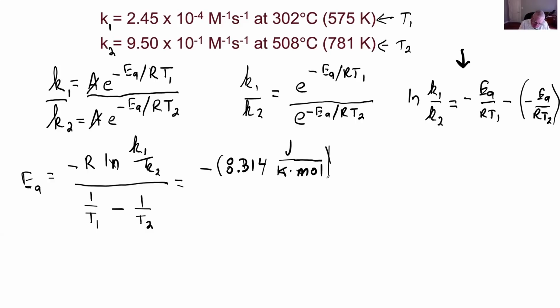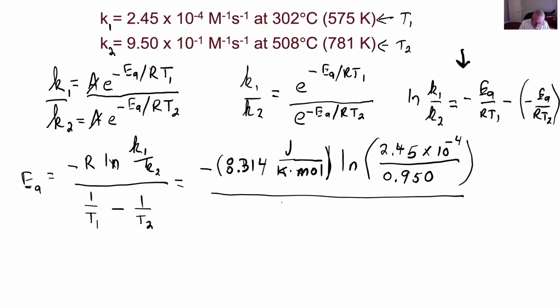And then I've got the log of 2.45 times 10 to the minus 4. The units on these are going to cancel, so I'm not going to write them, because both rate constants have the same units. I'm going to write this one as 0.95, since it's times 10 to the minus 1. So I can just do that and make it so I don't have to do another exponent there.